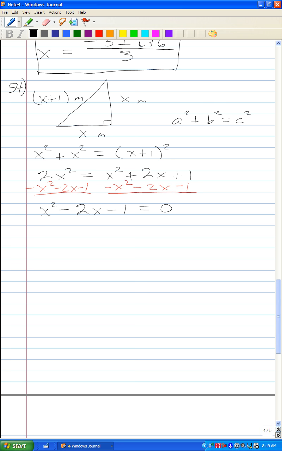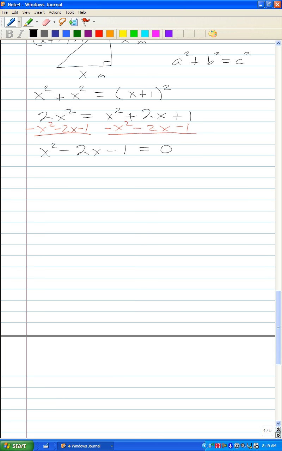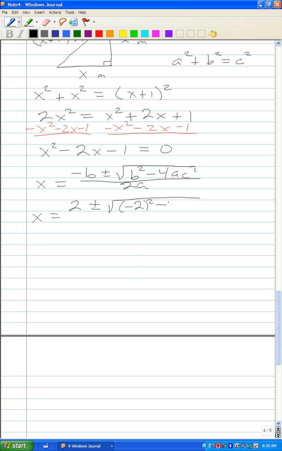And, well, I really can't factor this, so why don't I use the quadratic formula? x equals negative b plus or minus the square root of b squared minus 4ac all over 2a.